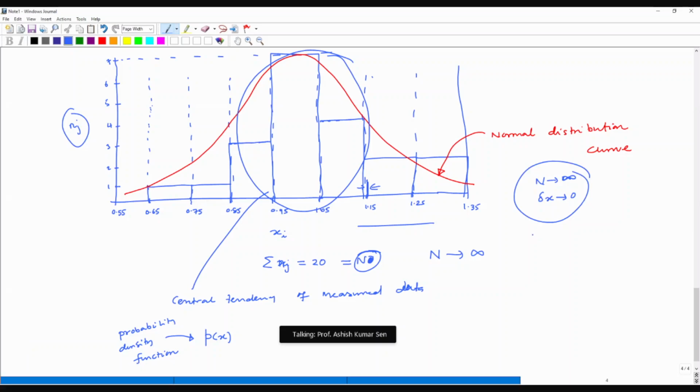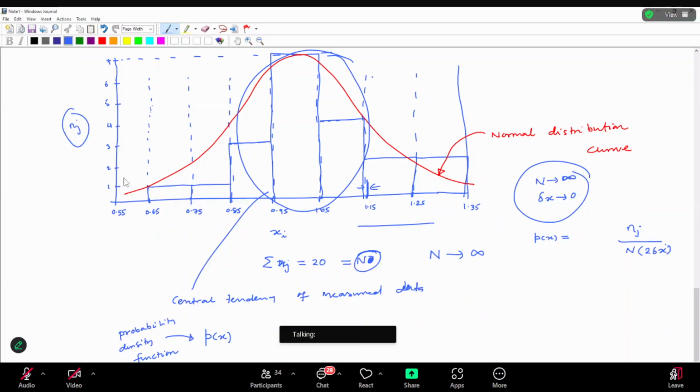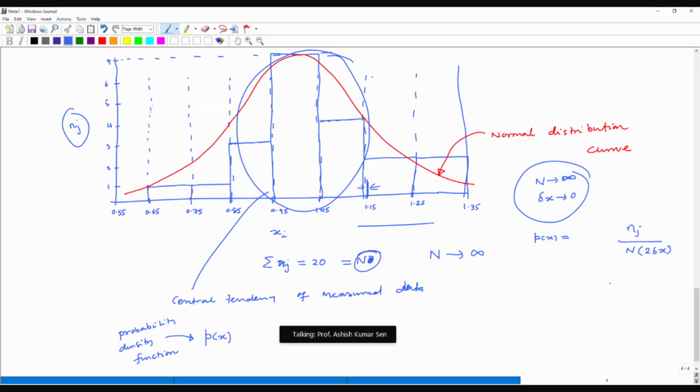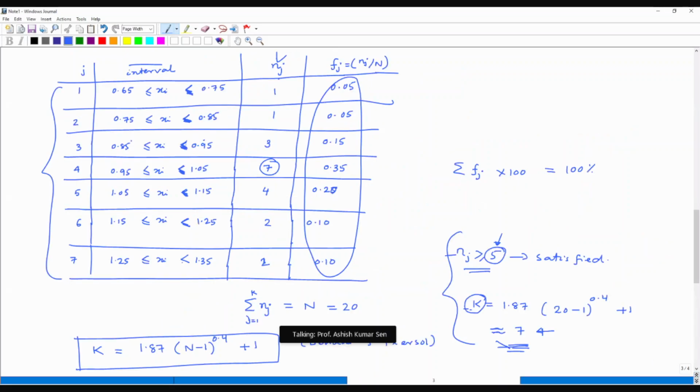Under that condition, you can define something called a probability density function as the frequency of occurrence, that is Nj, divided by n times twice the range delta x. Delta x is basically what you see here, right? This minus that is basically delta x, okay?